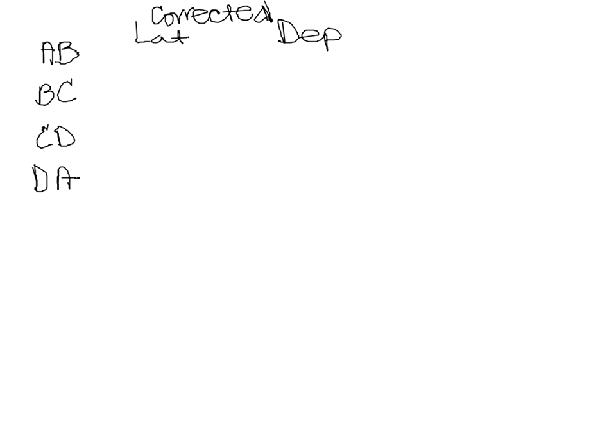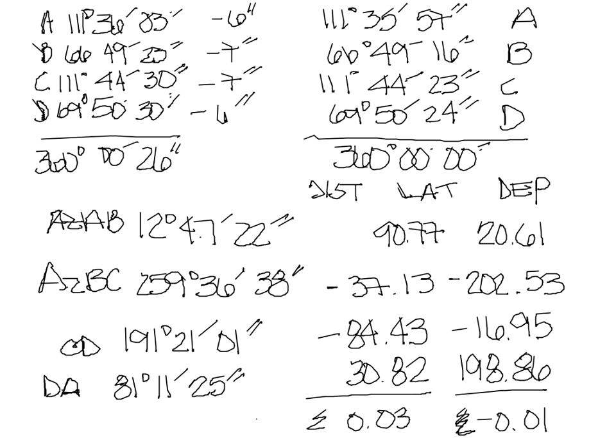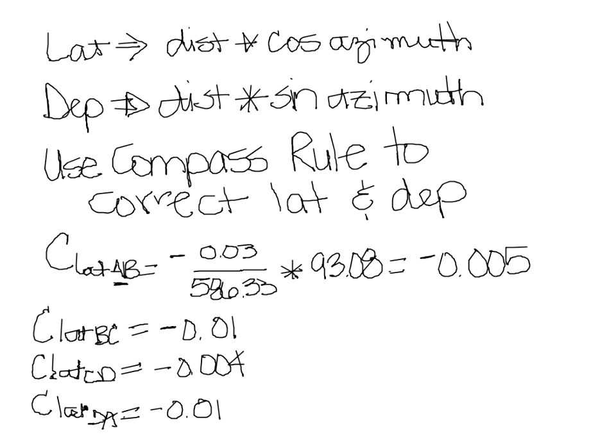So now let's look at segment A to B, B to C, C to D, and D to A. These are going to be our corrected latitude and departure. Our initial calculation for latitude was 90.77. Our correction for AB is negative 0.005. Take a look at this.